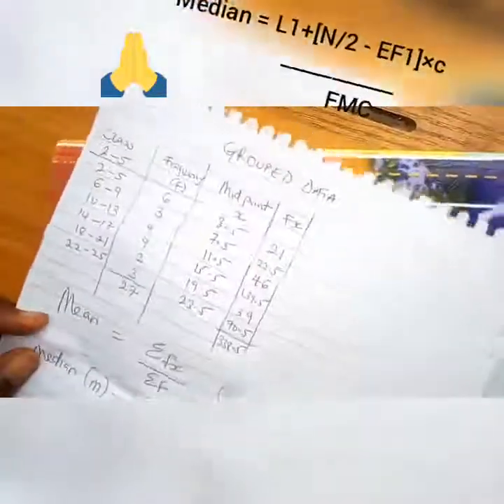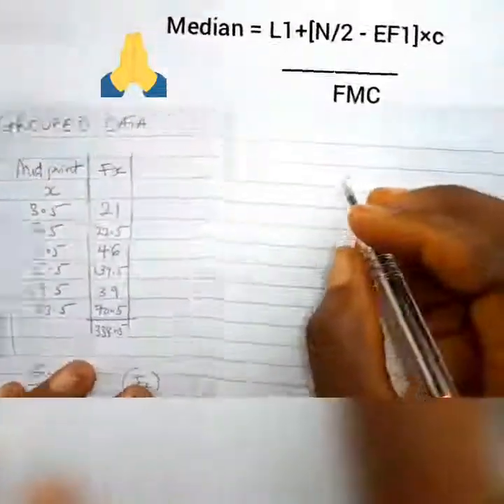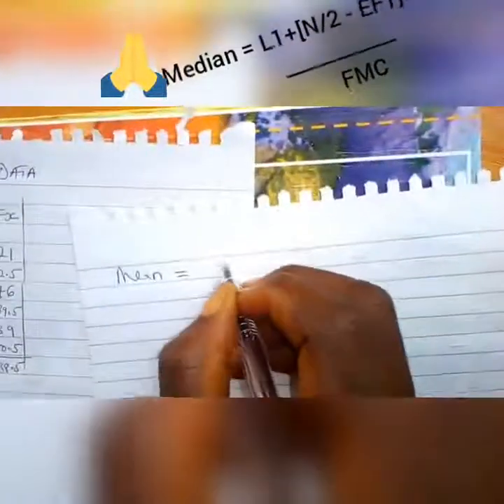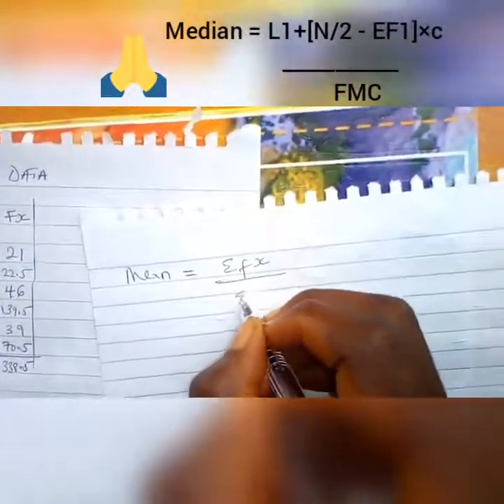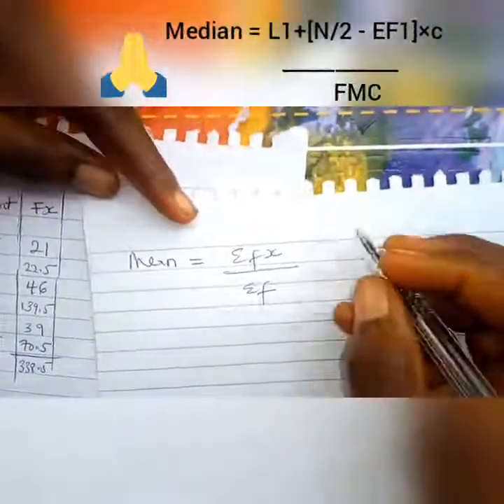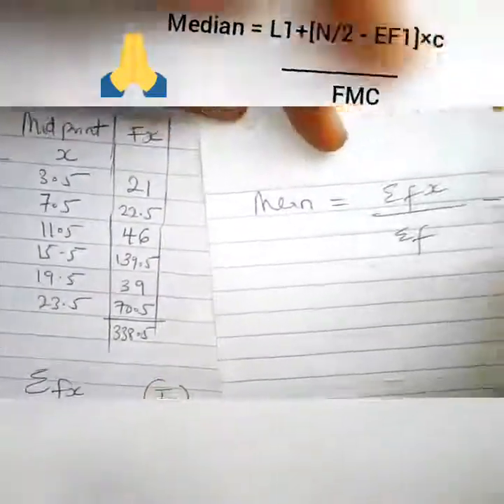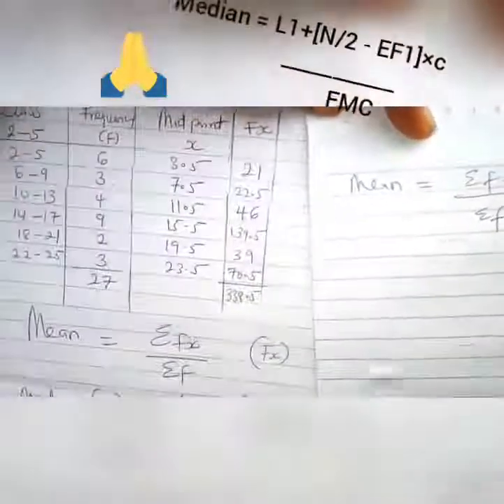So to get your mean now, which is summation fx over what? Summation fx over summation f, you'll be having 338.5 divided by what? 27.